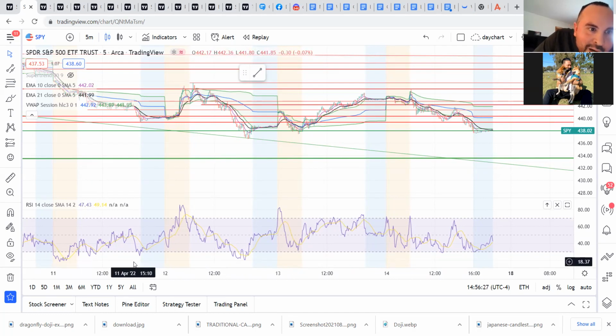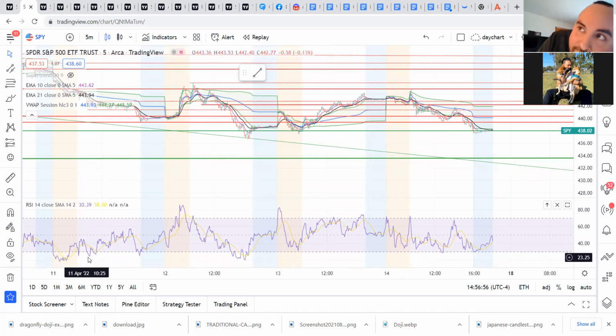I use RSI to help me enter and exit trades. For instance, if I had a bull cross, I wouldn't enter puts here, obviously, under 30.